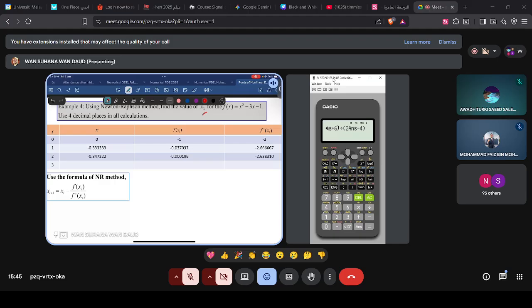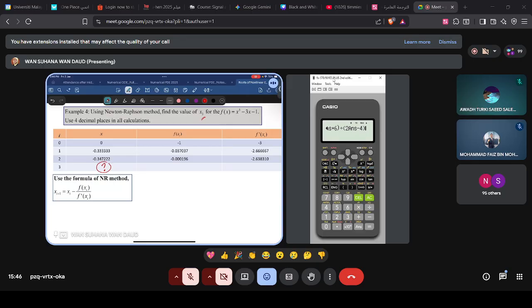Now your task is to find this value. Okay, you understand or not? Your task is to find the x3, which is i equal to 3, meaning that you have to know this value. So in this case, you have to use the formula and you can directly substitute the values given. Meaning that you want to know x3, you have to use x2 minus f(x2) divided by f prime x2.